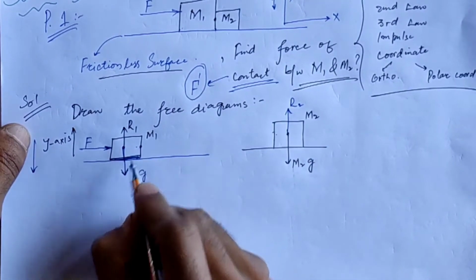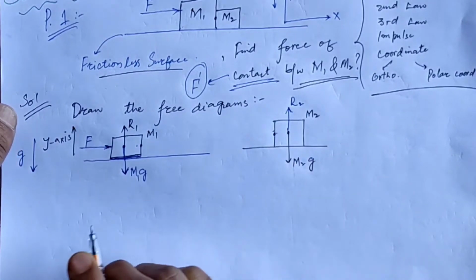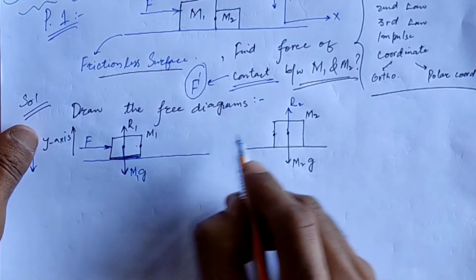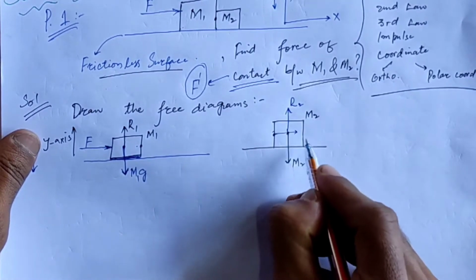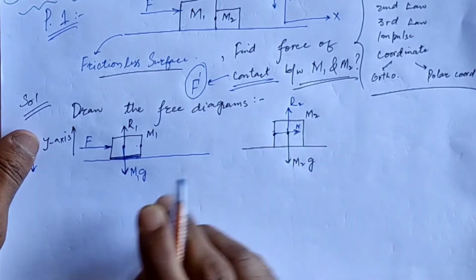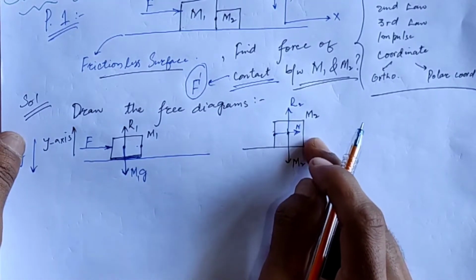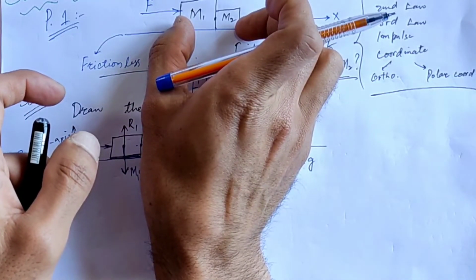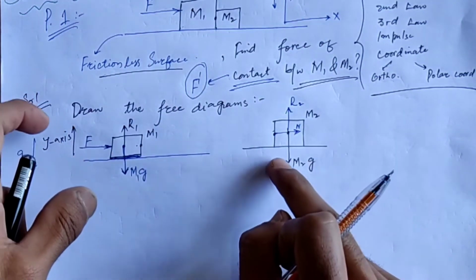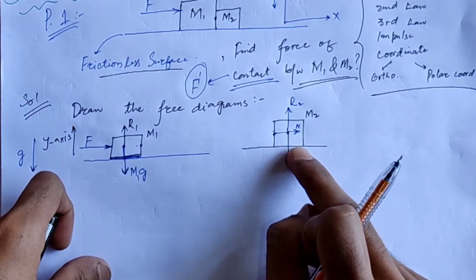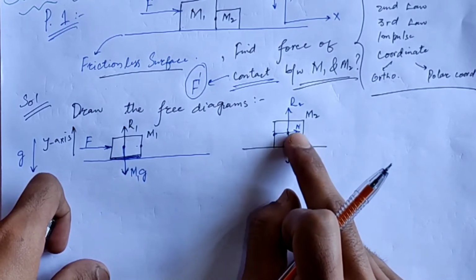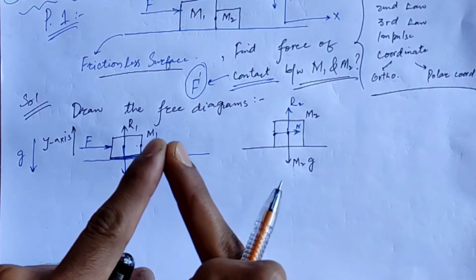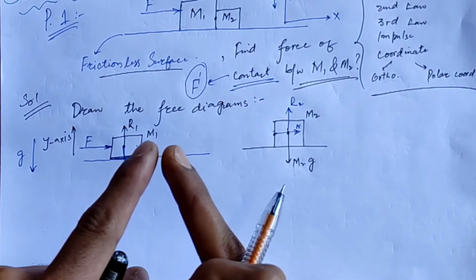If this is the point of contact, and body m1 exerts some normal force n on body m2, then even if they are at rest, a force of contact will be there, because when two bodies are in contact there is some contact force.